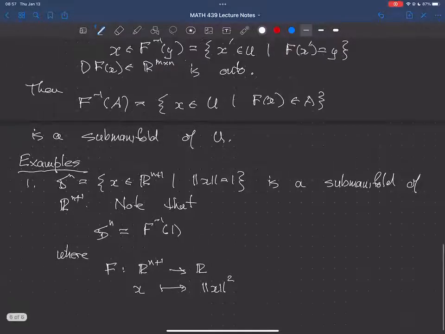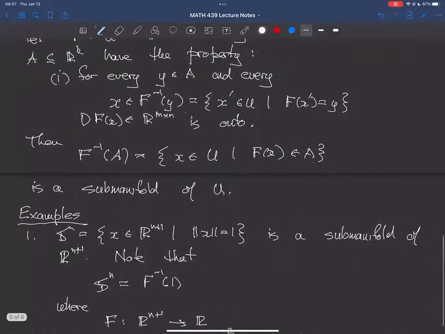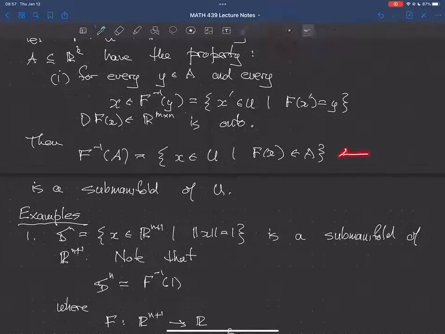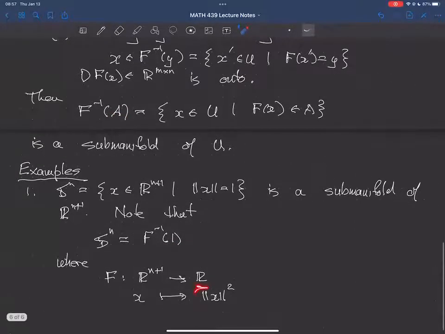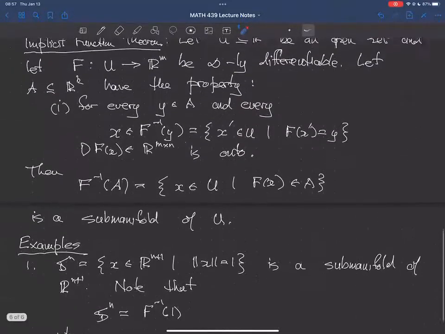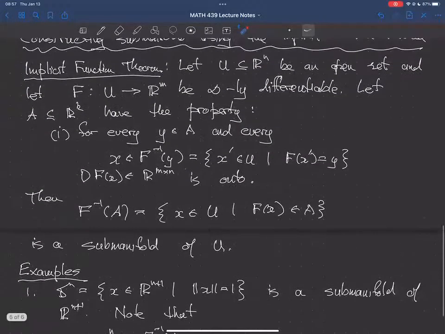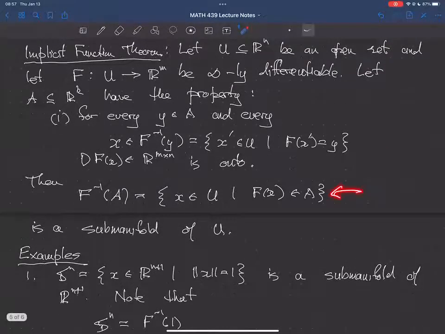Okay, but you notice that this sets me up now to use the implicit function theorem. What I'm going to do is take A to be the point 1 in R, and then verify that the hypotheses of the implicit function theorem hold, and that will give me the conclusions.